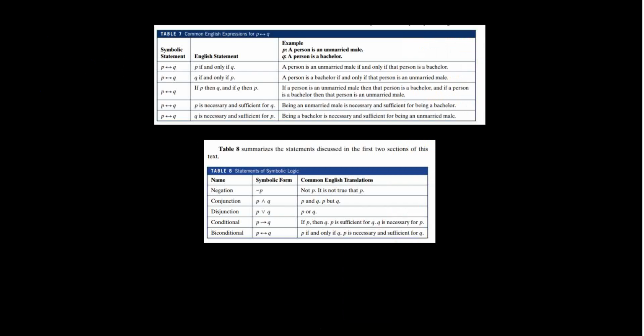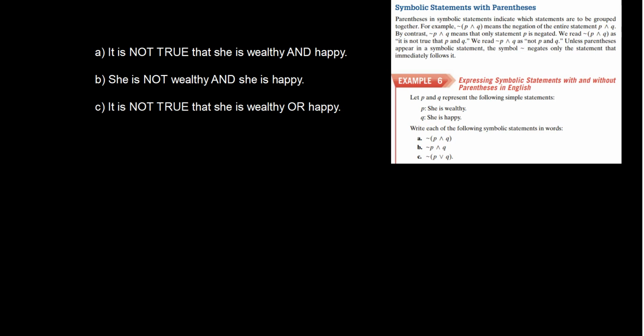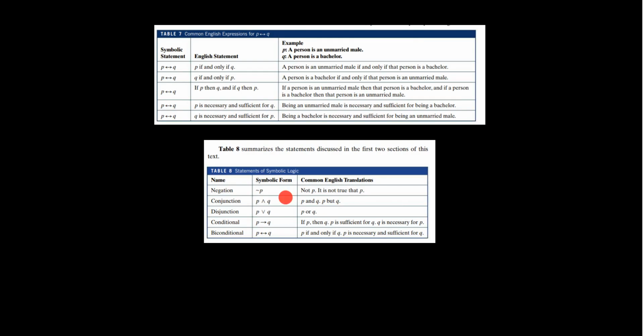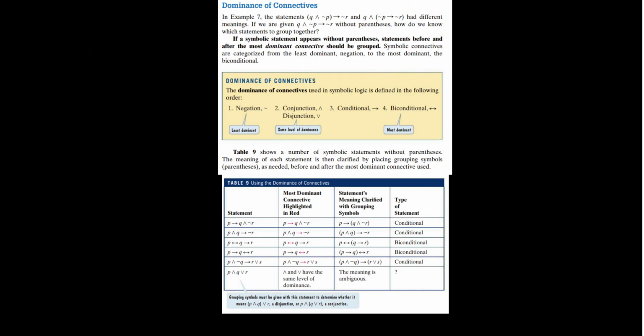If I were to break this entire lecture down, I would start here at table 8. Table 8 breaks down everything we did for the first 5 examples. I would lump it up into this portion and then this portion we're about to do right now, which is the dominance of connectives.